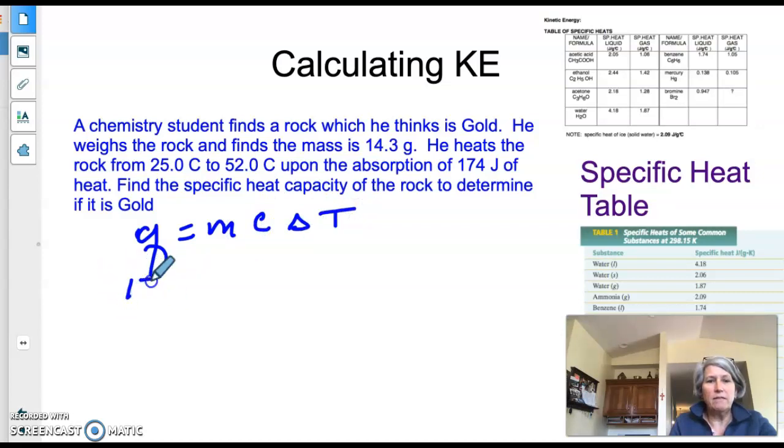I know that this is 174 joules. I know that my mass is 14.3 grams. C is what I'm actually going to solve for, so I'm going to put the C there.